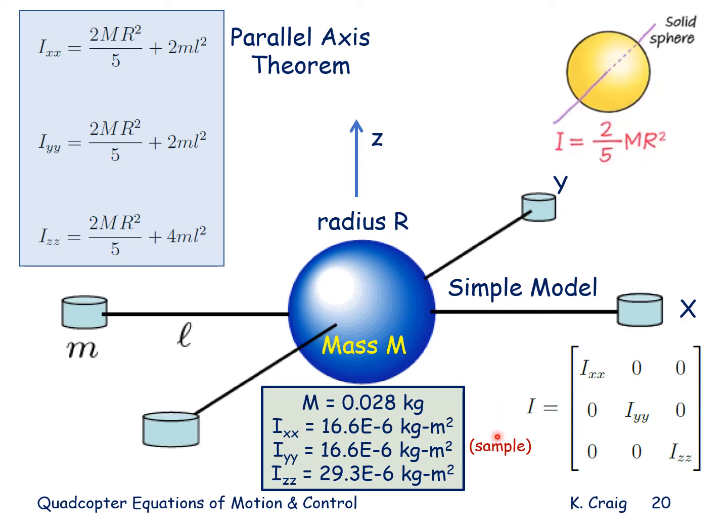As a sample, a drone would have a mass of this order of magnitude with mass moments of inertia given by these values, just to illustrate the order of magnitude of the mass and mass moments of inertia of a drone similar to our Crazyflie quadcopter.